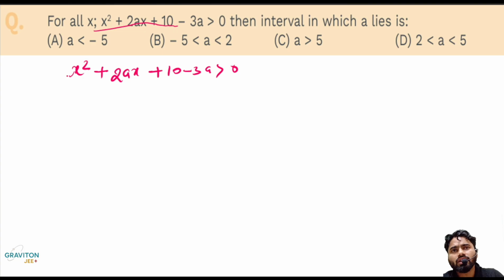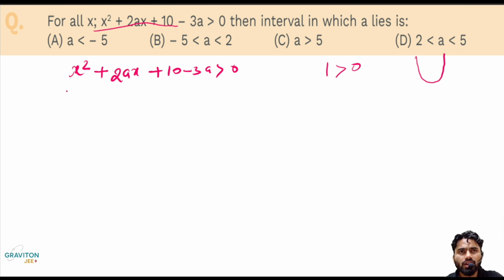If I ask you what is the leading coefficient of this quadratic expression? So here the leading coefficient is 1, which is greater than 0. So if the leading coefficient is positive, your parabola will be facing upward.